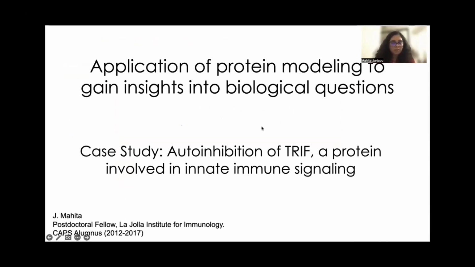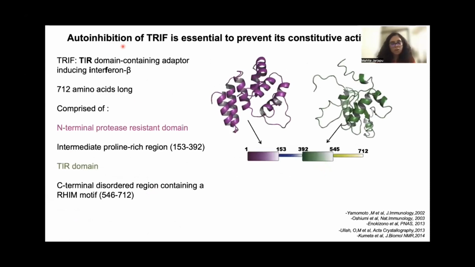And so in this talk, we will talk about the application of protein modeling to answer a biological question. You see an example of autoimmunity of TRIF, a protein involved in innate immune signaling. Now, autoimmunity of TRIF is important to prevent constitutive activation.